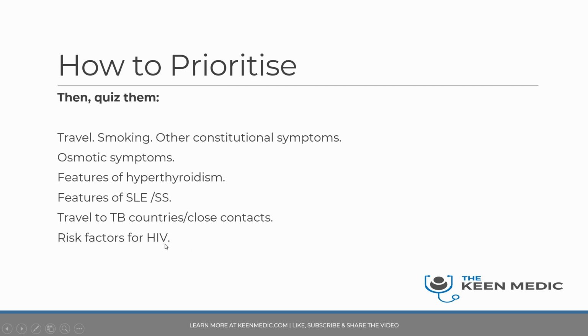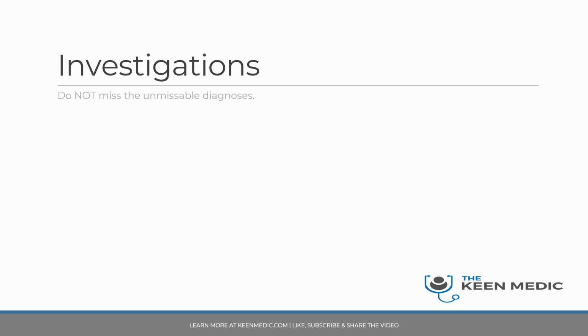And risk factors for HIV, as I covered earlier on, stuff like unprotected sexual intercourse, dirty needles when they're IV drug users, blood transfusions outside of the UK, stuff like that. So in terms of investigations, you do need to prioritize. Okay, you have to make sure you don't miss the big three.